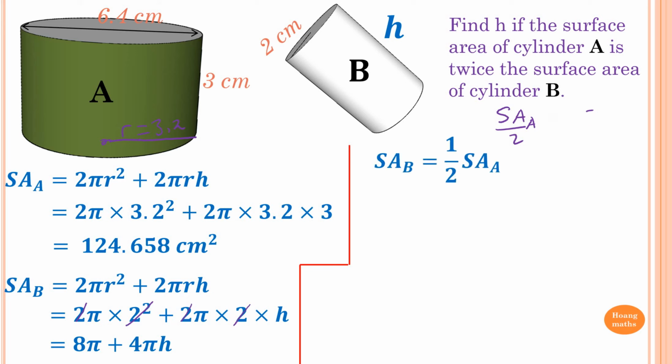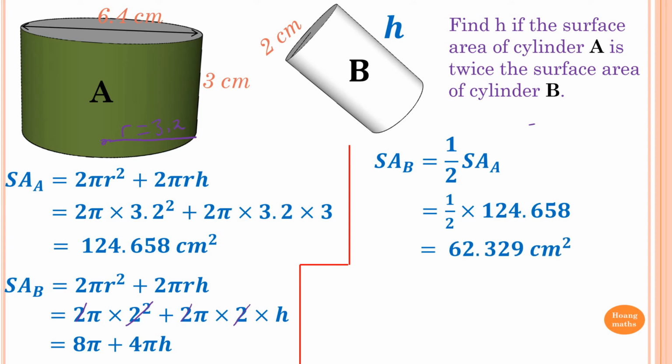So now what I do, I need to find half of A first, which will give me cylinder B. So the surface area of cylinder B is this, which gives me this. So now all I need to do, I know that the surface area of cylinder B is the same as this now.